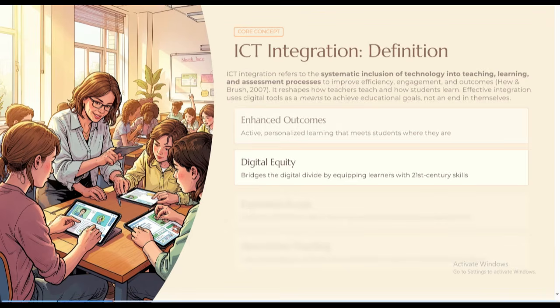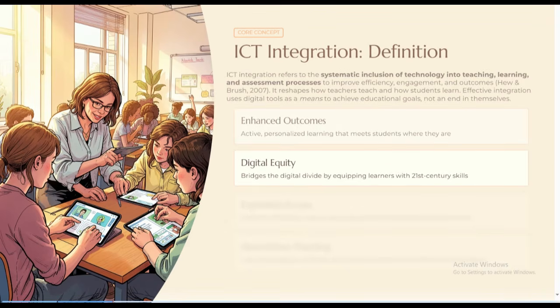Last class, we explained that whatever technology you integrate has to be in line with your learning objectives, the objectives you have drawn up, both in your choice of ICT and in integration. So this reshapes how teachers teach and how students learn. Effective integration uses digital tools as a means to achieve educational goals and not an end in themselves.